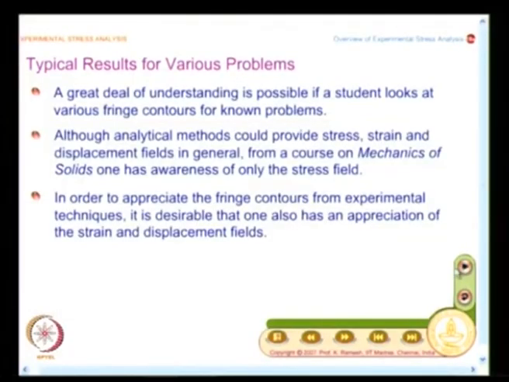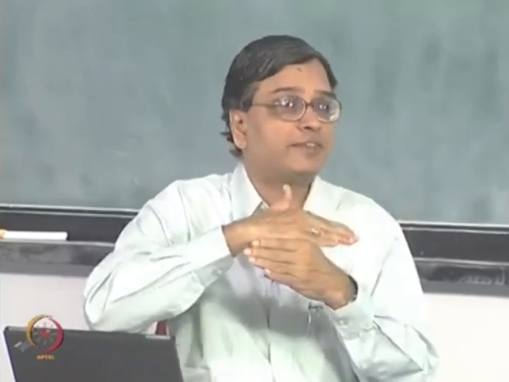So, what you need is, when you want to have appreciation of experimental technique, for simple problems you also need to know stress field, strain field and displacement fields. So, you become sensitive to appreciating field information rather than point information. See, while developing stress as a tensor, you need to know how does it change from plane to plane.